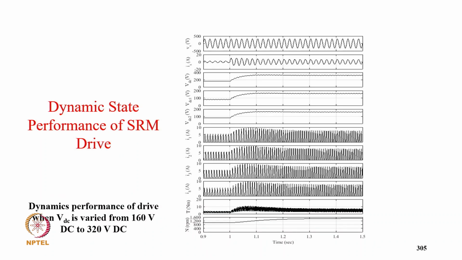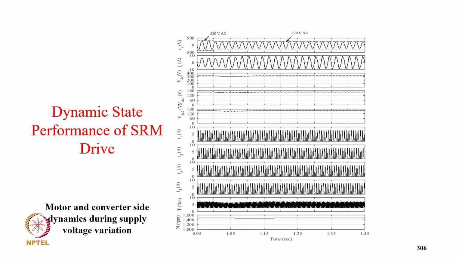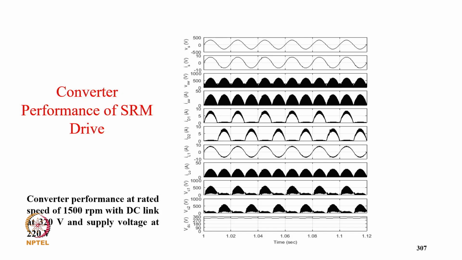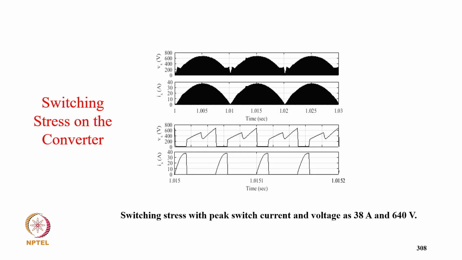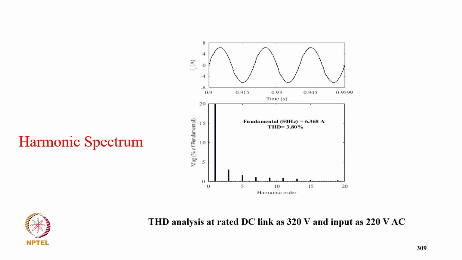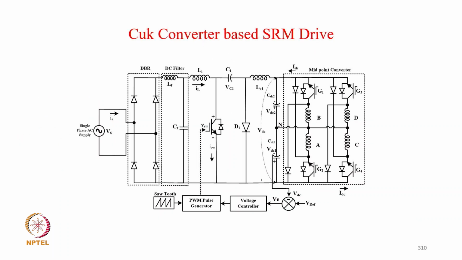And this is for the case when DC-link voltage changes from 160 to 320 for control of the speed. This is for the case of supply voltage variation from 220 to 170. Then the dynamic performance, at steady state you can see supply current is in phase with the supply voltage and almost sinusoidal. The stresses of the converter, then the harmonic distortion of supply current 3.8%.